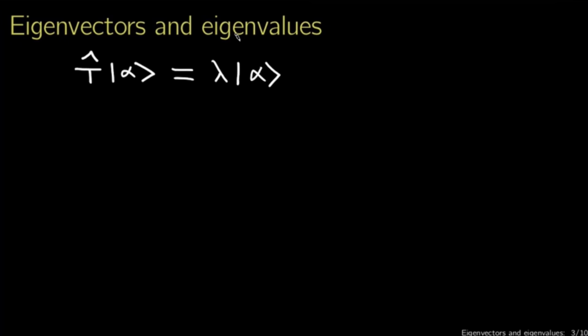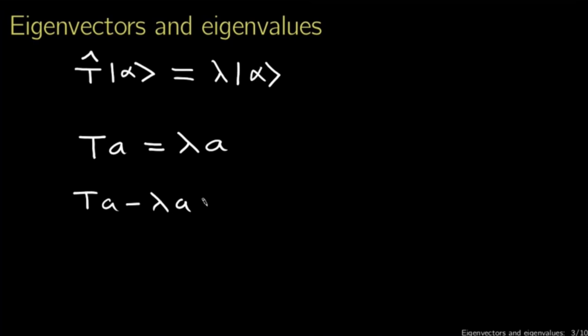Since most of what we're going to be talking about in this lecture is what happens when we represent a transformation in a particular basis, you can think in terms of matrices. The matrix T acting on the vector A gives you back the eigenvalue lambda times the vector A. And we can rewrite this a little bit by bringing the right-hand side over to the left-hand side. You would end up with T acting on A minus lambda multiplying A, lambda just being a scalar, not a matrix or a vector or anything.